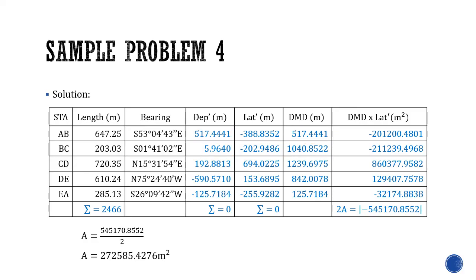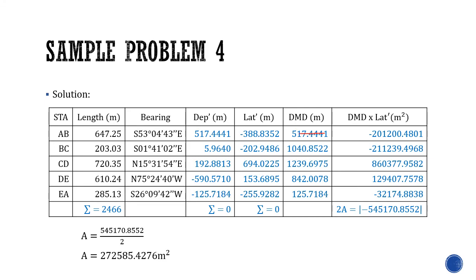Okay? Ulitin natin, no? DMD of the first ay equal to the departure of the first. DMD of any, kunyari second, ay equal to the DMD of the preceding plus the departure of the preceding plus the departure of the course itself. Okay, basically, class, ito yung pattern.